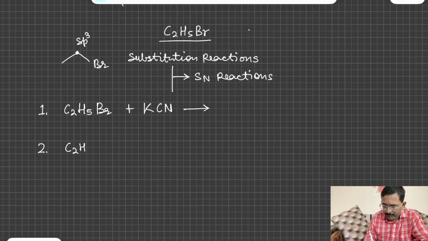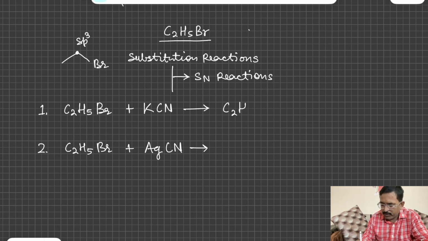So in the first screen we are taking two different reagents. One is KCN and the other is AgCN. When KCN reacts, it forms cyanide or nitrile and liberates KBr.